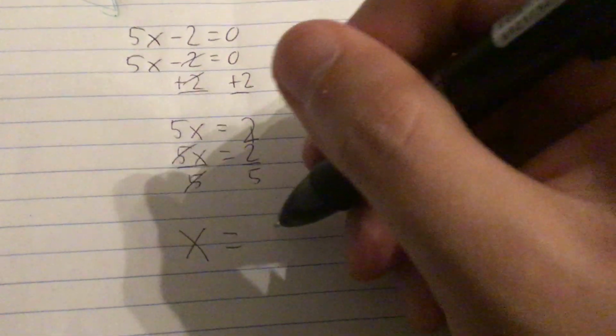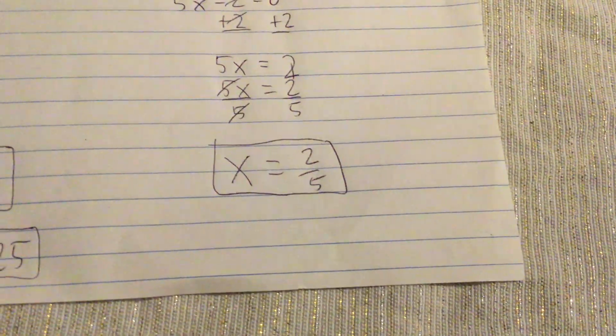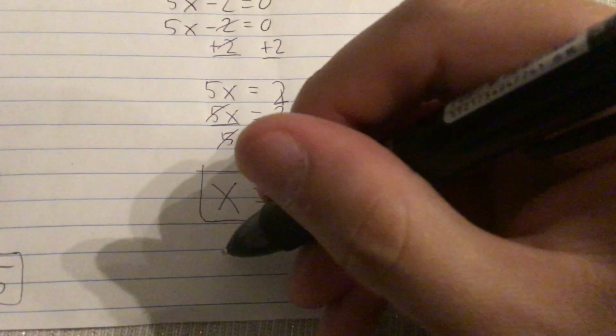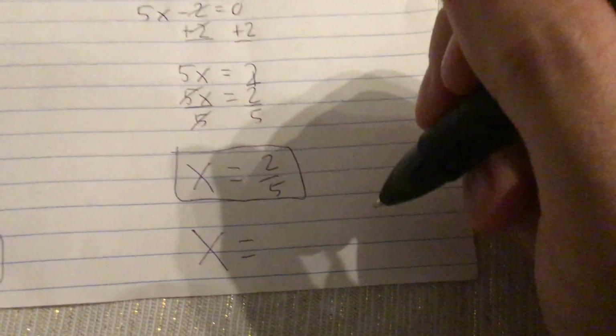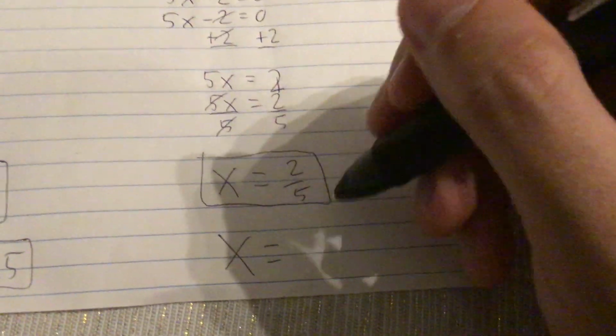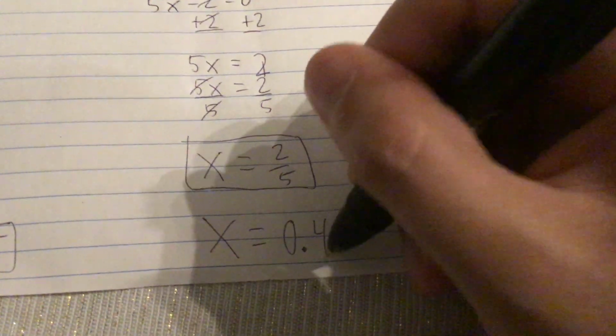And this can be simplified as 2/5. If you're a fraction person, that's awesome. You know what I am? I'm a decimal person. That's okay. You can do whatever you want, as long as it's correct. 2/5 can be rewritten as 0.4.